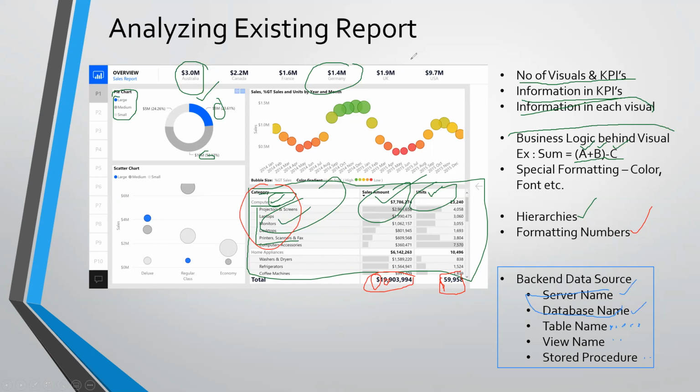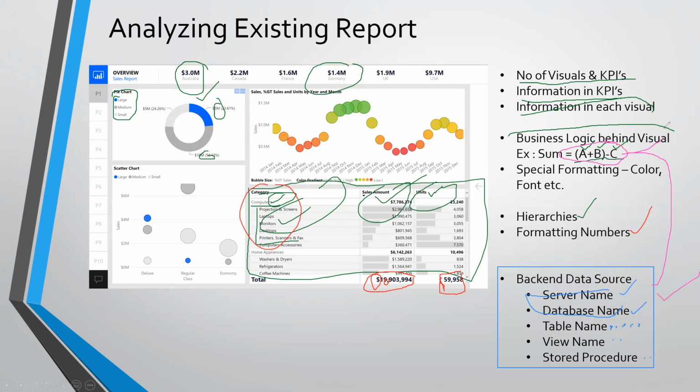And then when you start the development on the Power BI side, the way you will be proceeding is you will first be connecting to the data source. Let's say it is a SQL Server, then you will go to Get Data, and then enter the server name, database name, and select tables. After that, you will be adding DAX logic, whatever DAX logic is needed.